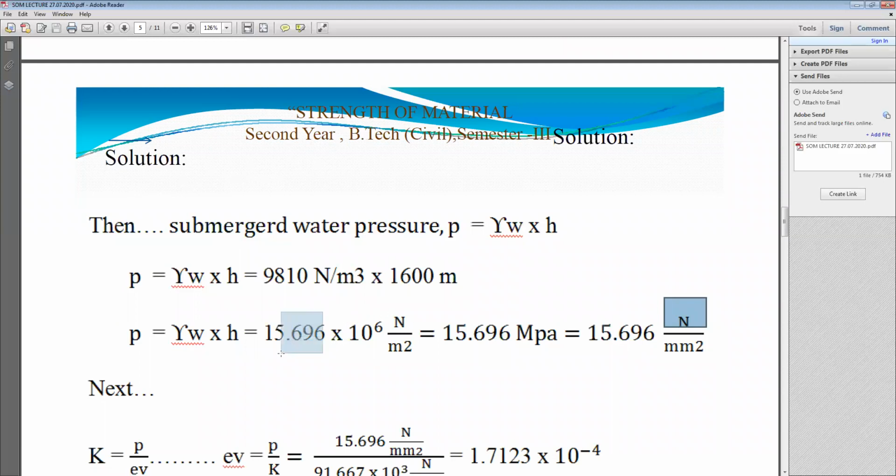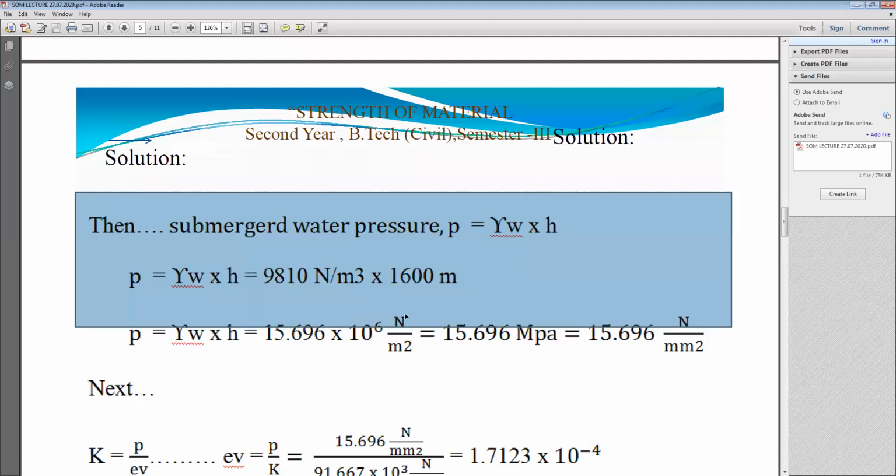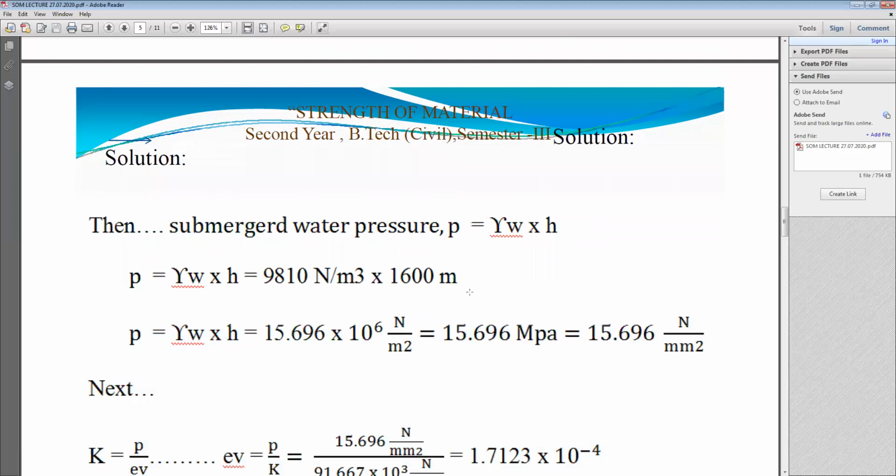As we know, 15.696 into 10 raised to 6 Newton per meter square is the quantity of P.